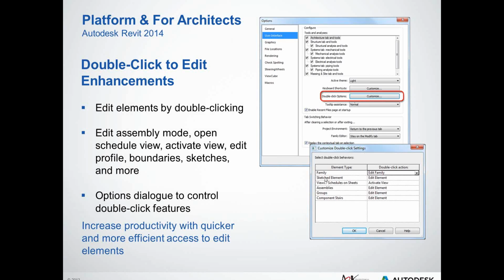So you can see there, do you want to edit the family, editing assemblies, groups, activating views, and so on. I guess the idea being here is that it'll reduce the amount of accidental editing of elements unless you actually want to do that as per what you have set inside these options here.